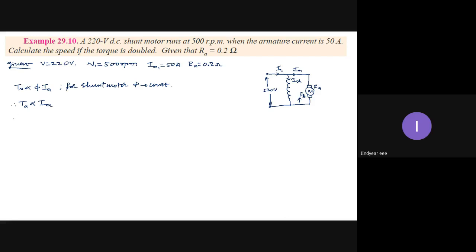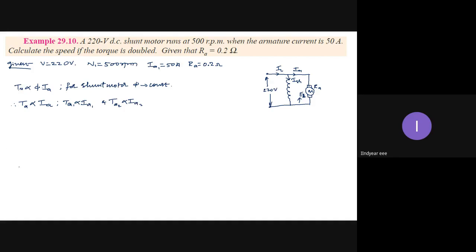So in the first case, TA1 is proportional to IA1, when the current is 50 amperes, and TA2, the torque, is proportional to IA2.